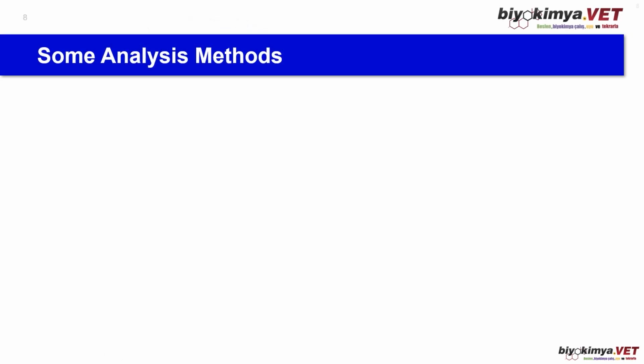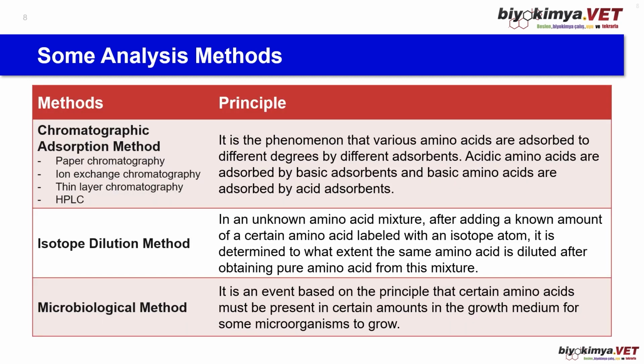Let's look at some methods we use in studying amino acids, peptides, and proteins, which may be quantitative and or qualitative.